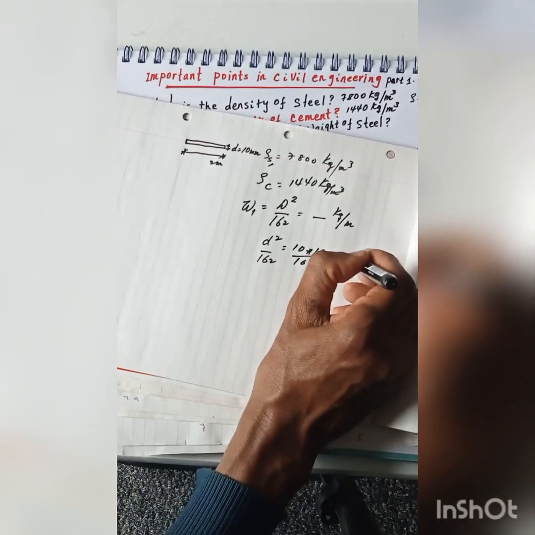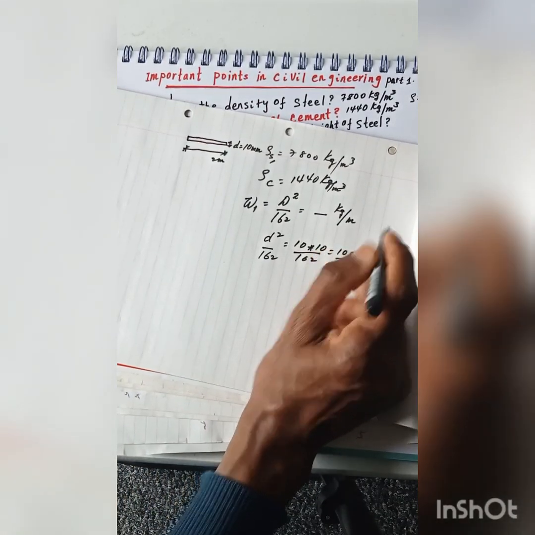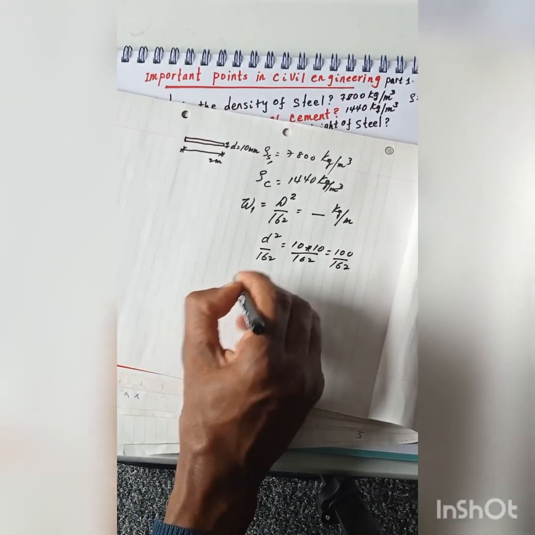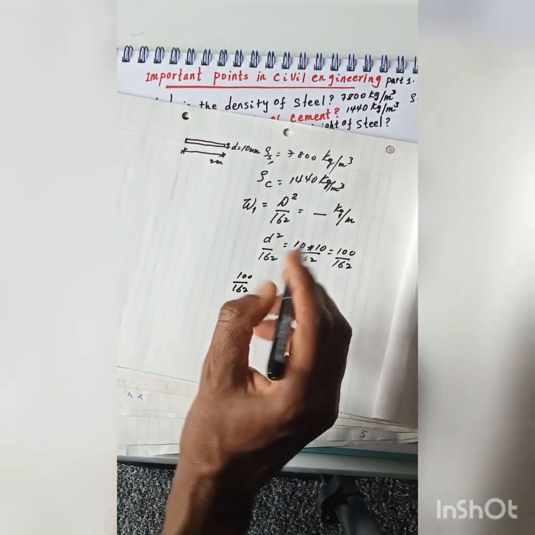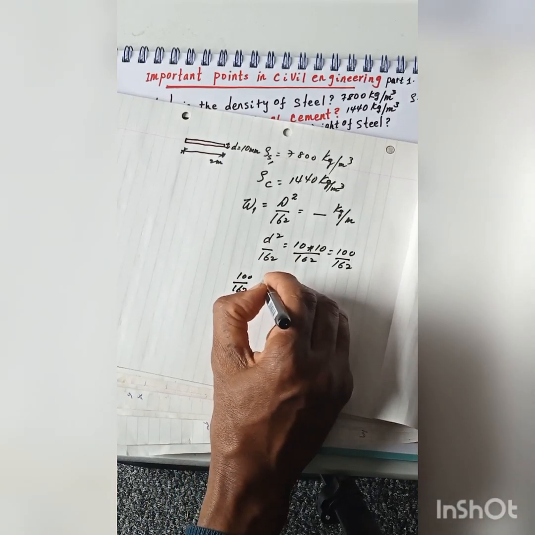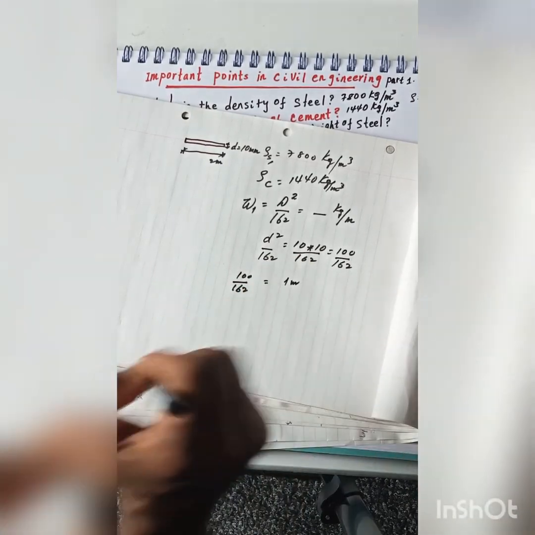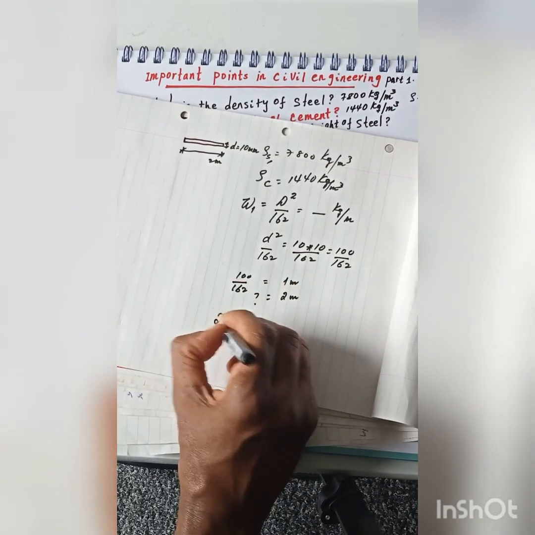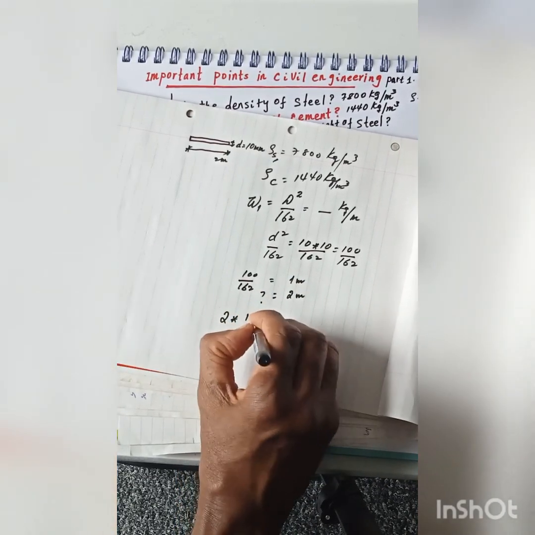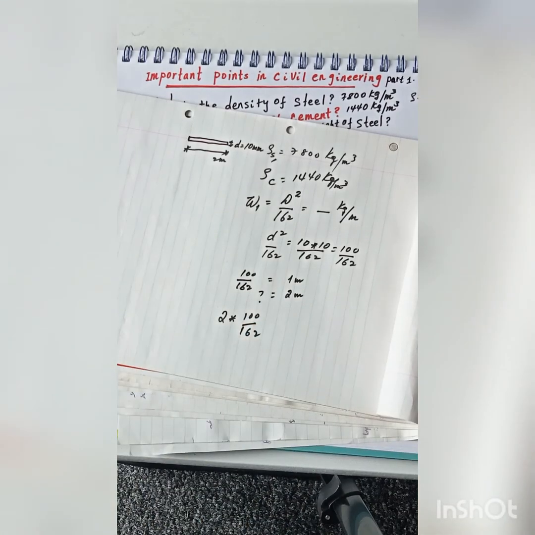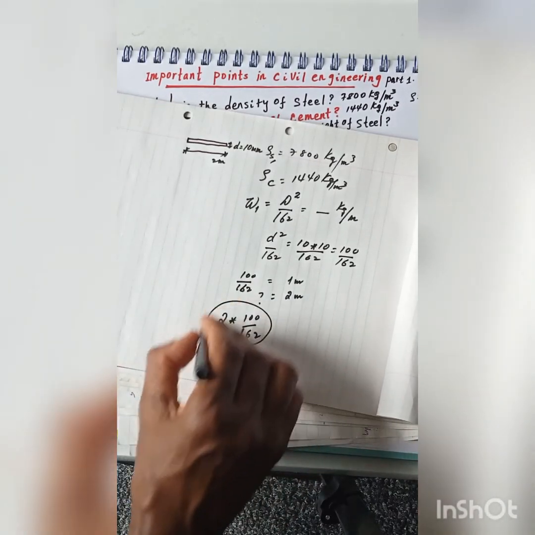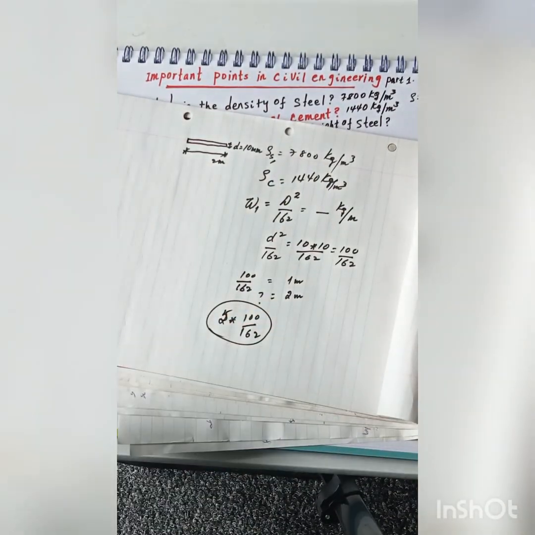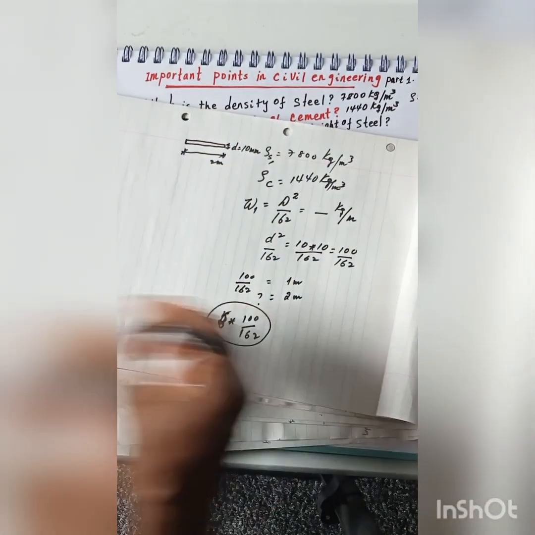This 100 over 162 is for 1 meter. So for 2 meter it will be 2 times 100 over 162. If it is 5 meters, then 5 times. If it is 6 meters, 6 times.